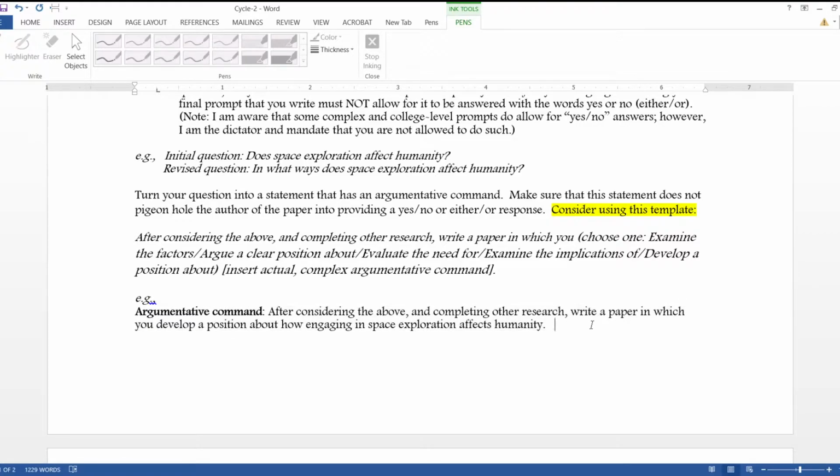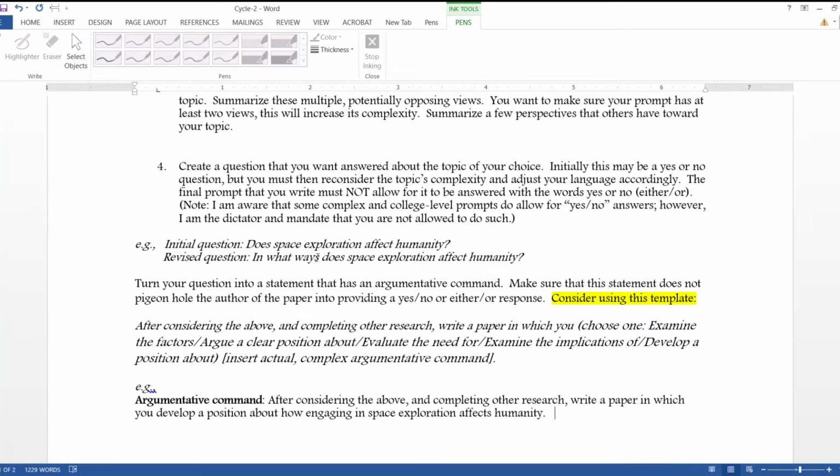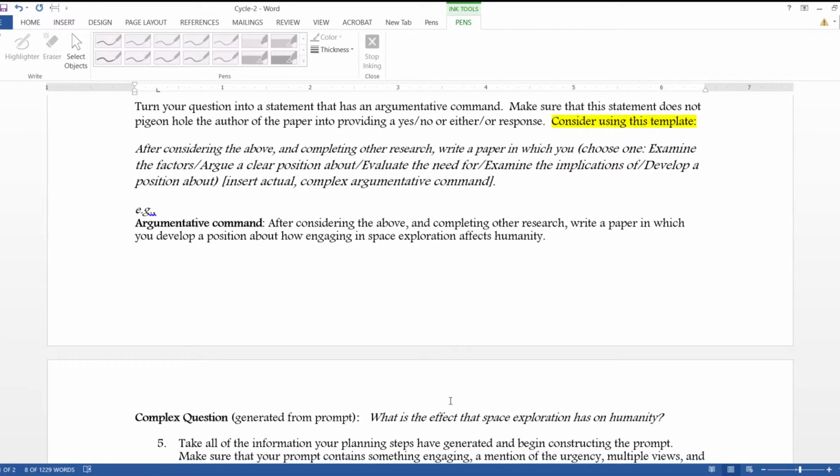So what this means now is this. If I wanted to, I could actually turn this into a question, and this question will be very similar to that first revised question that I made. And that is, I could ask this question: what is the effect that space exploration has on humanity? This is what I'm going to answer in my paper.